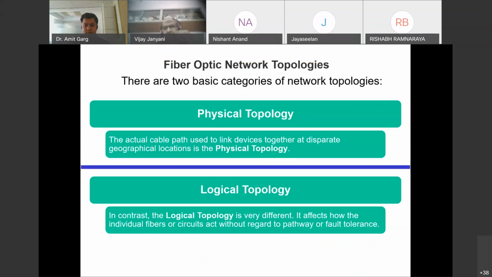So if you see the network topology, basically you can either talk of physical topology or the logical topology. Physical topology means how actually the cable is going from one point to another point, in what fashion it is connected. Whereas logical topology maybe is not the same.